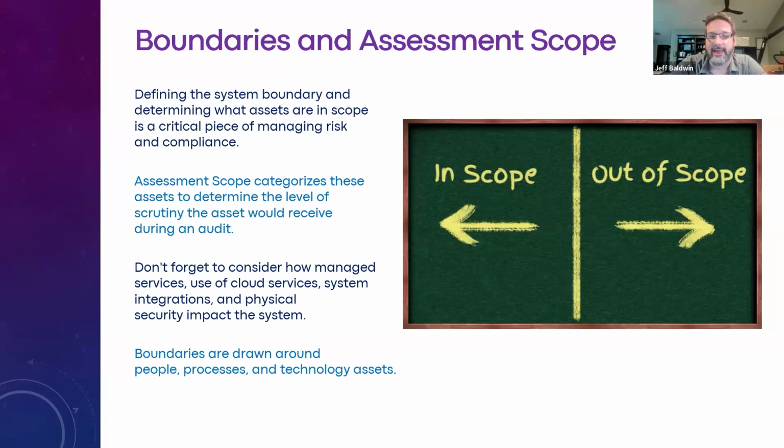So when we get into that carving, what we're really talking about is boundaries and assessment scope. Determining your system boundary is very critical because, going back to that concept of a security domain and the protection requirements for each security domain, you can scope things accordingly. In a perfect world, you would do the highest level of security on everything, everywhere.